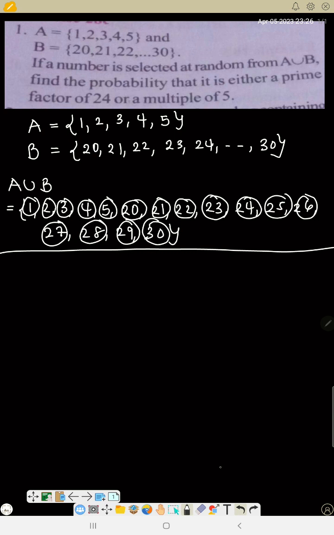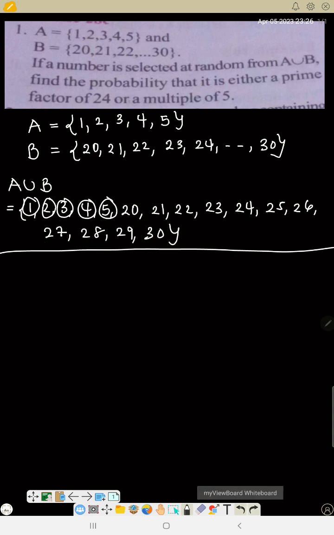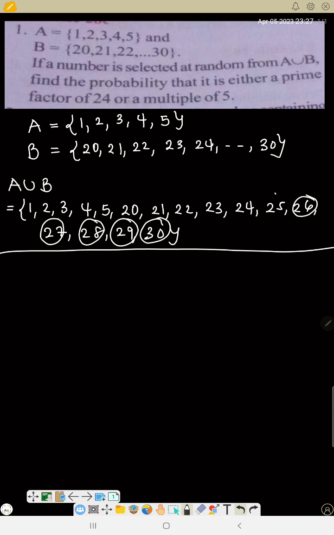So the total outcome here is 16. So the total number we have inside A union B is 16.